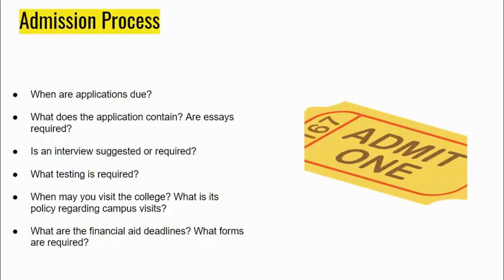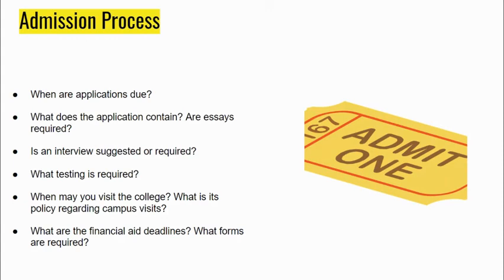So when you're ready, you know what schools you want to apply to. You want to make sure you organize the list, and you want to know when applications are due. What do you need for the application? Is there an interview? What type of testing results do you need to send? That is generally done through College Board if it's the SAT. Of course, ACT would be done through the ACT program.